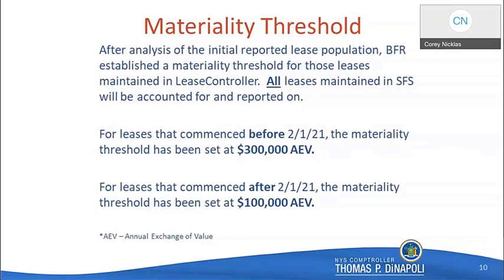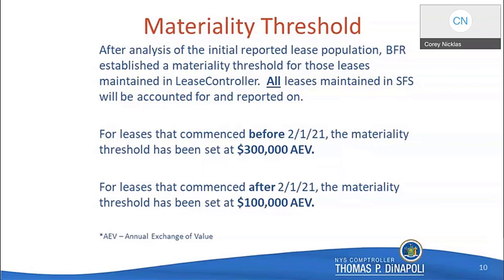For leases that commenced before 2/1/21, the materiality threshold has been set at $300,000 annual exchange of value for the lease agreement, otherwise known as AEV. For leases that commenced after 2/1/21 and all future leases, the materiality threshold has been set at $100,000 AEV.